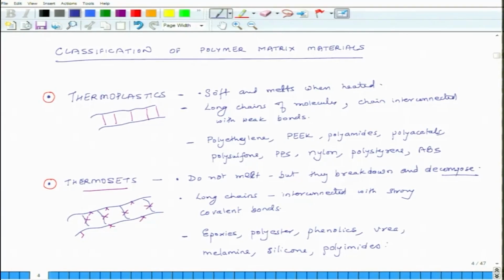So these are examples of thermosets. So this is the broad classification. Now we will refine this classification a little further. We will actually break this thermoplastic into two separate categories. But before we do that, we have to understand two important terms.